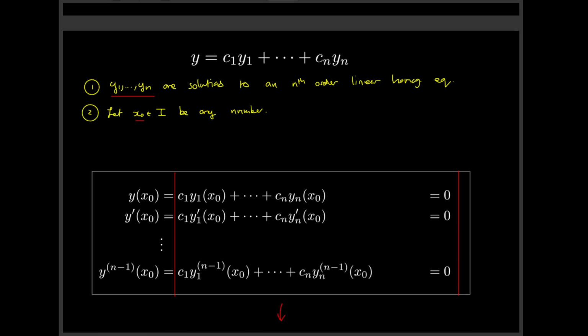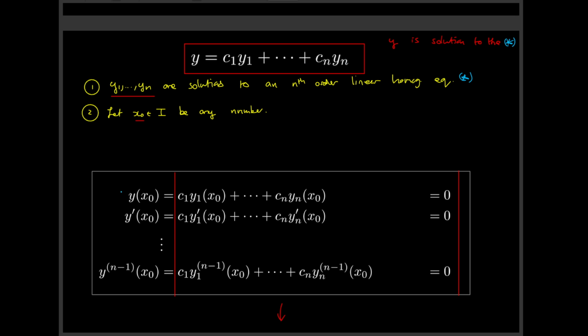If we define our function y here to be this linear combination, then what do we know? We know firstly that y is a solution to the DE. By the way, we should have labeled this DE; let's call it star. So y, because it's a linear combination of solutions to a homogeneous equation, must be a solution to the same equation.